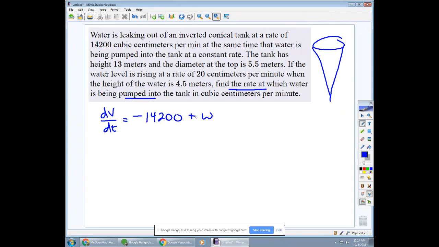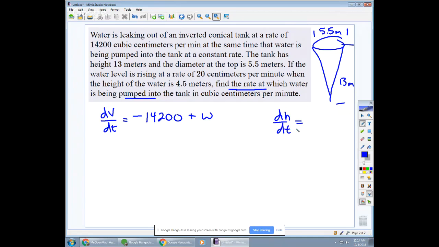Okay, anyway, the tank has a height of 13 meters, and a diameter across the top of 5.5 meters. And the water level is rising, so that would be dh/dt at 20 centimeters per minute.